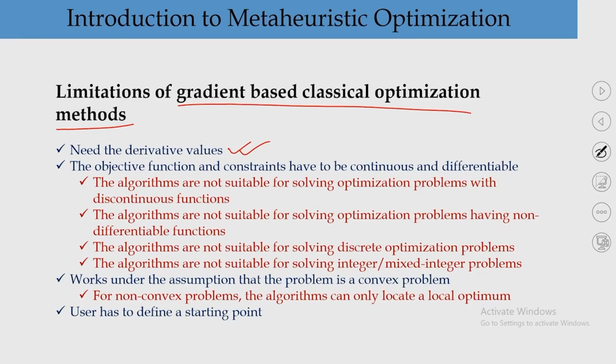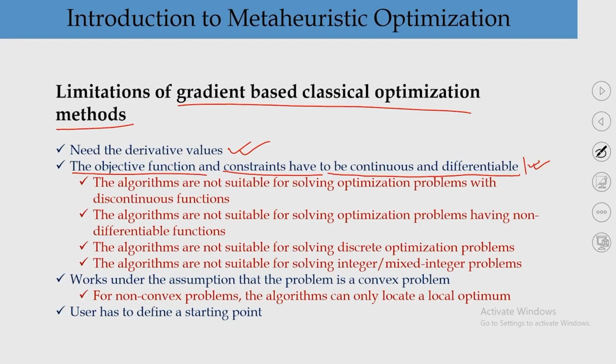The second one, the objective function and the constraints have to be continuous and differentiable, because I would like to apply the gradient based classical optimization technique. So, this is the one assumption, or you can say this is the need.